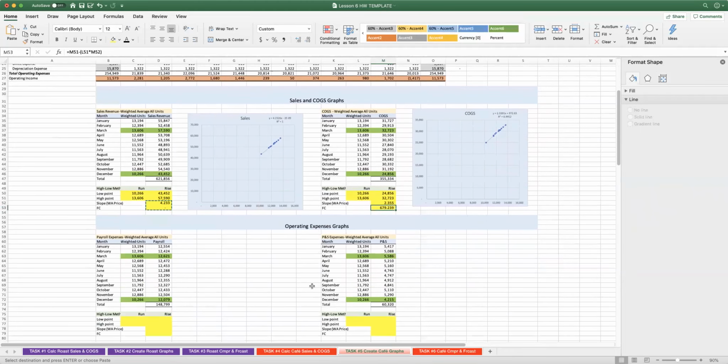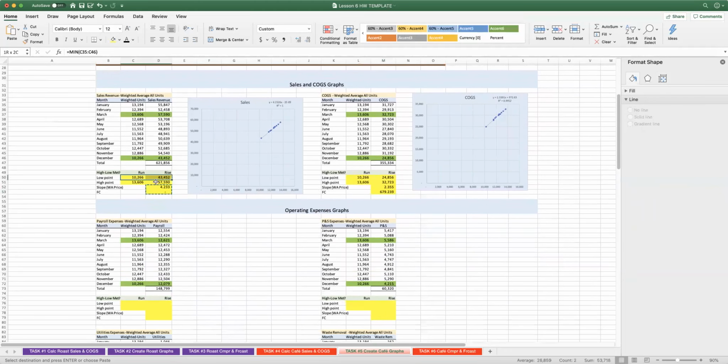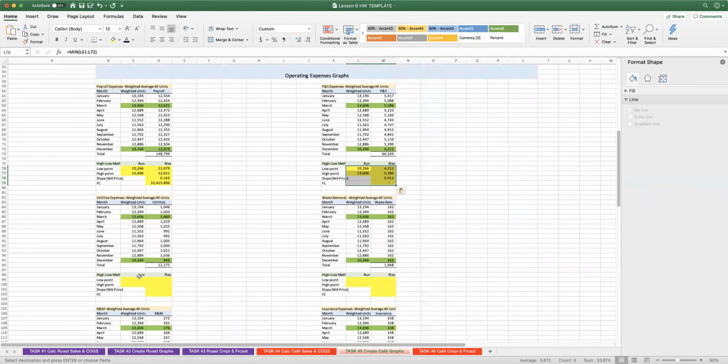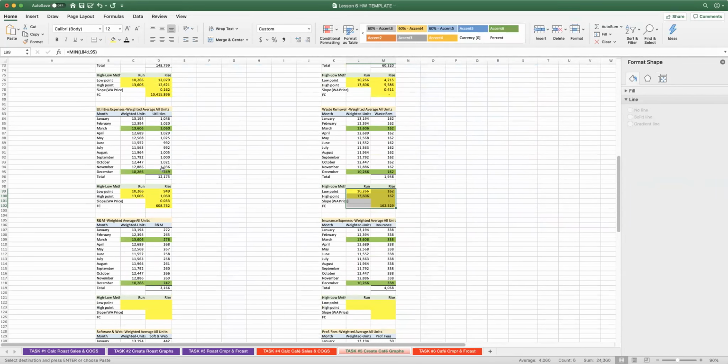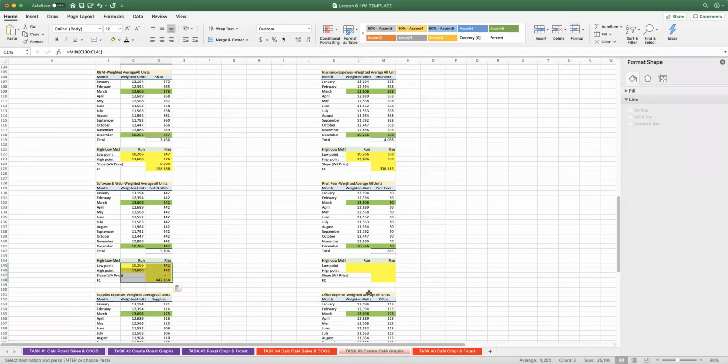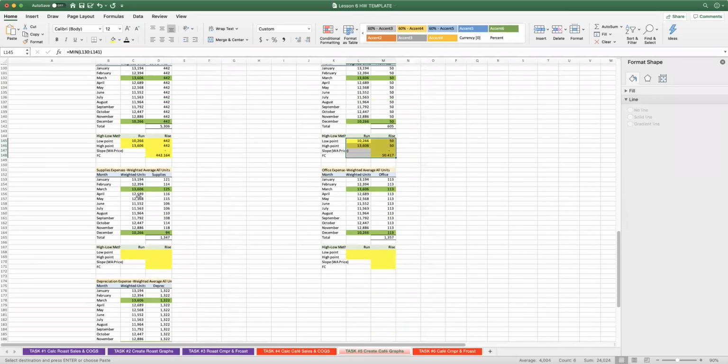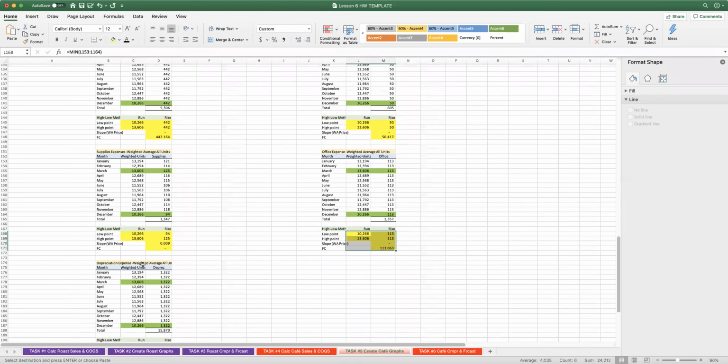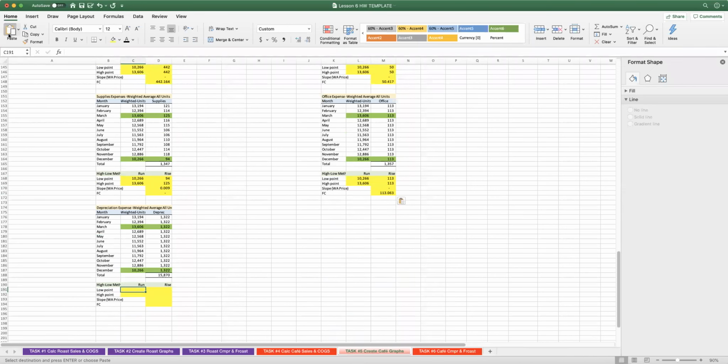Okay. Now let's do this. We can copy all of these and get them all done. And then all we have left to do is the graphs. Okay.